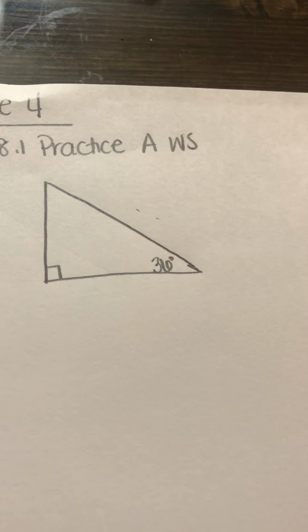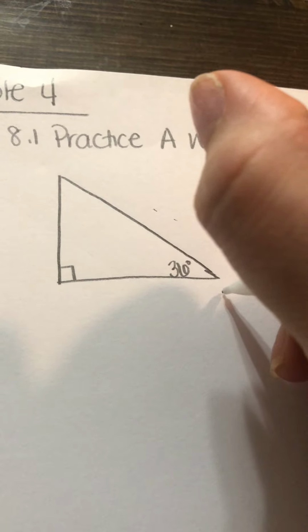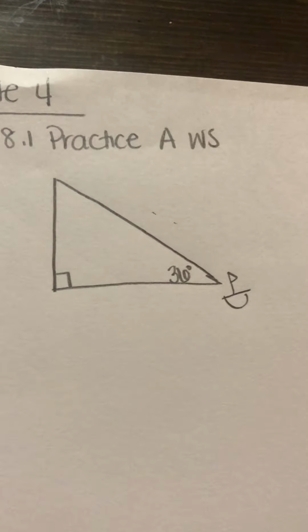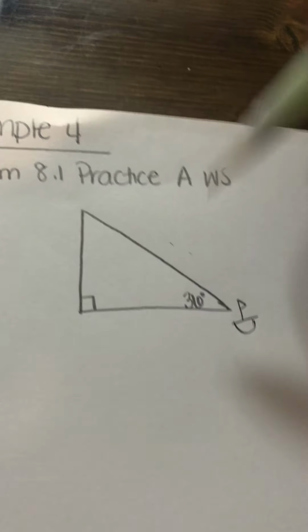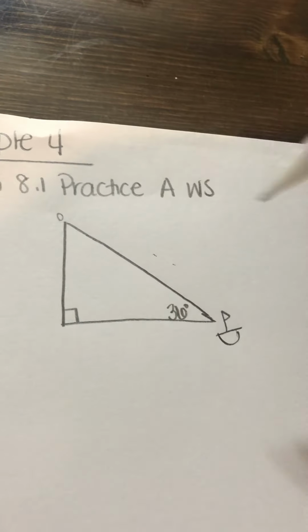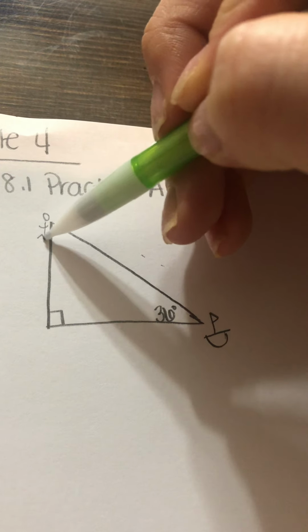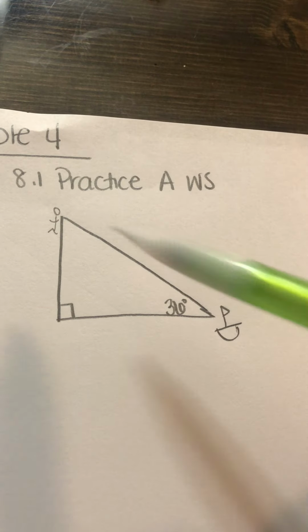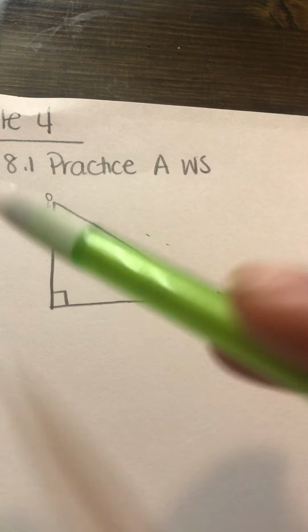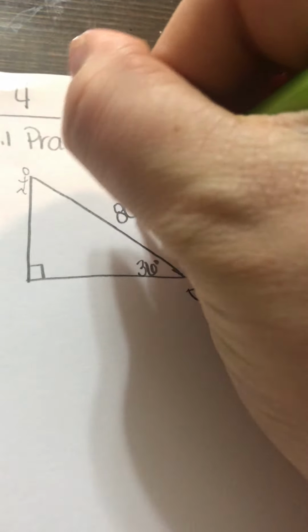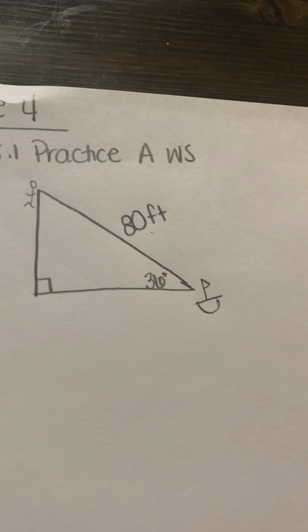So if you picture yourself parasailing, remember the boat, or if you've ever seen it at the beach or anywhere, here's the boat and the parasailer is like up here. Here's you, you're parasailing. All right, so the boat is here and you are here. You're attached to a rope from the boat to you, so this is going to be the 80-foot rope.